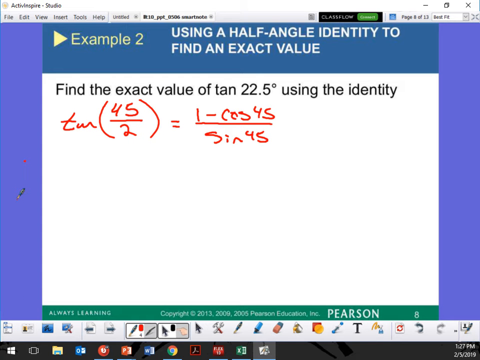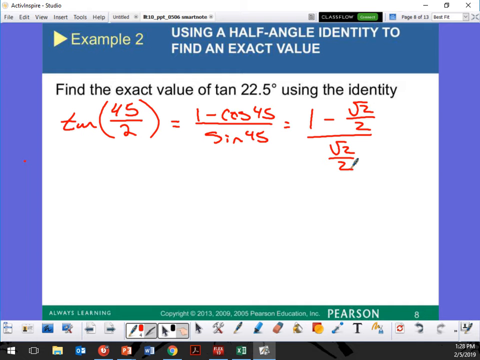So from my unit circle, it's going to become 1 minus rad 2 over 2, all divided by rad 2 over 2, right? So either way, no matter what I do, I'm still going to have to rationalize at the end.